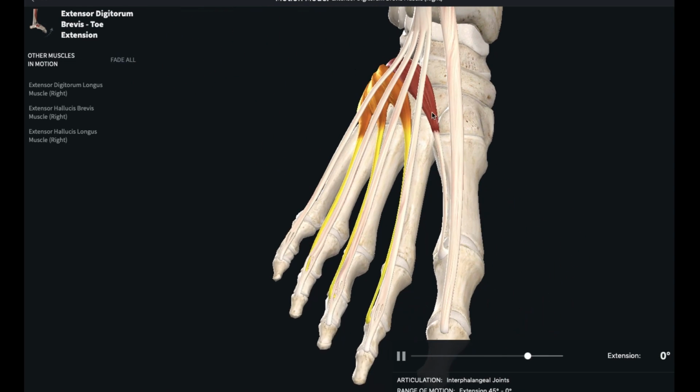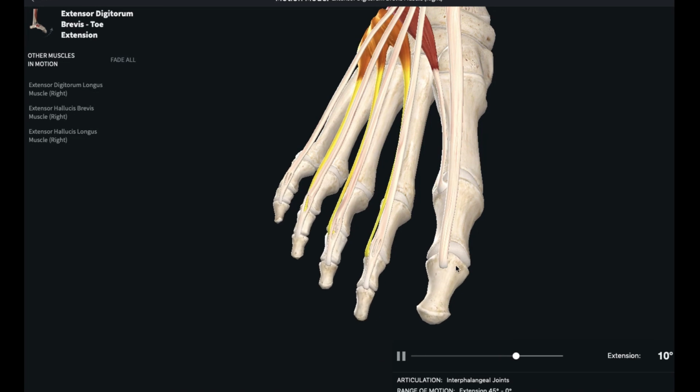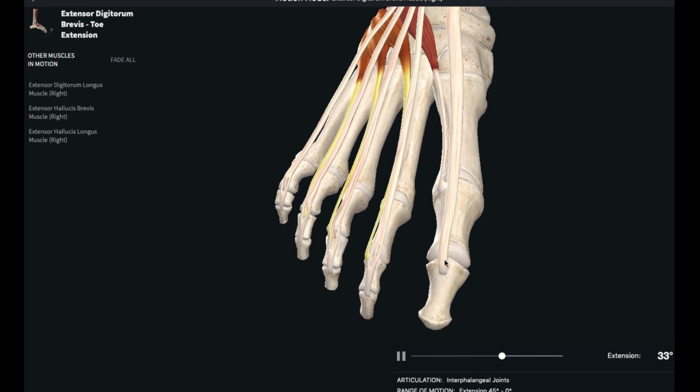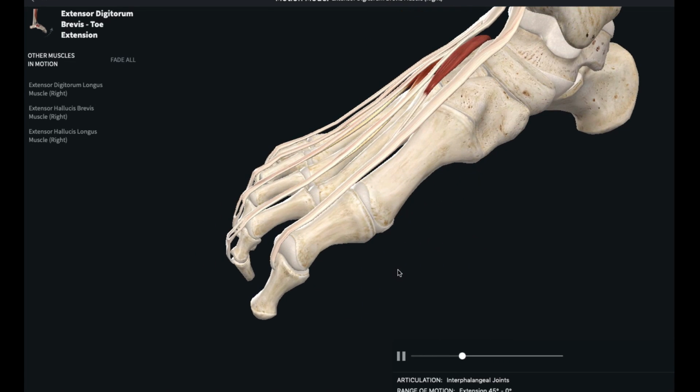But then because this one only has two, for the hallucis, it's only going to be at the metatarsophalangeal joint. I guess this would be the metatarsophalangeal joint.